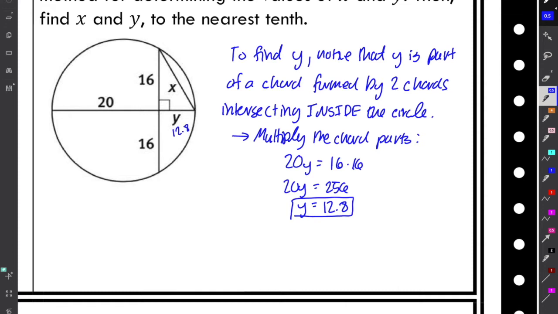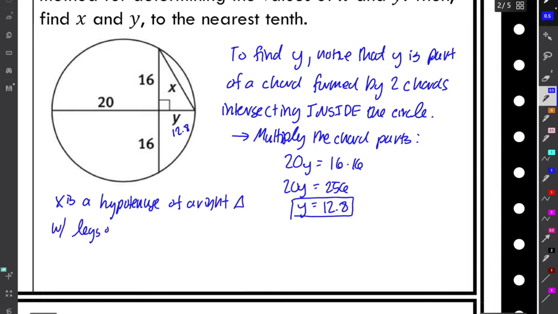Now we're going to solve for x. So x is a hypotenuse of a right triangle with legs of length 16 and 12.8.